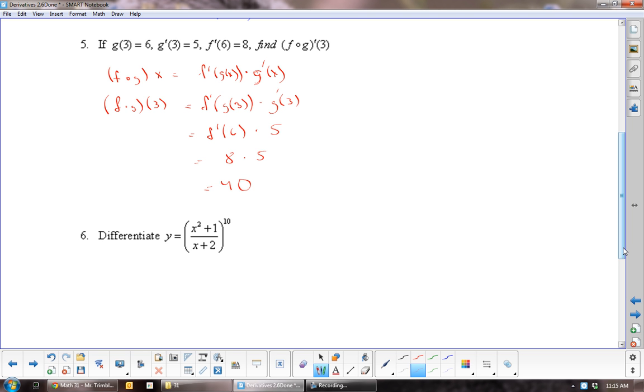Does that make sense? It says right here, g of 3 equals 6, right? So then f prime of 6 equals 8.